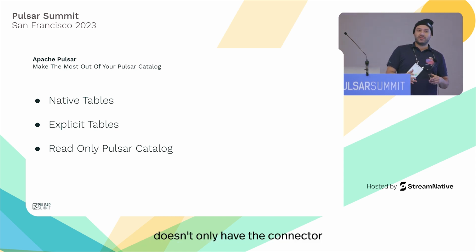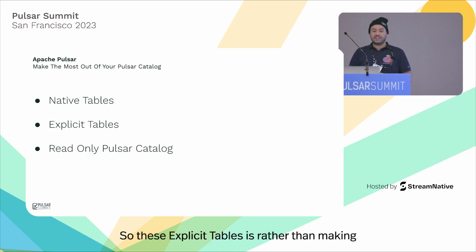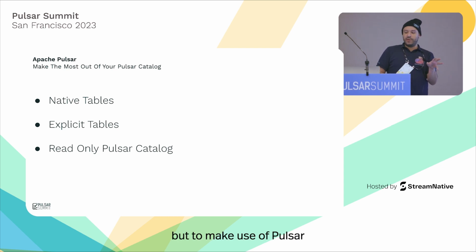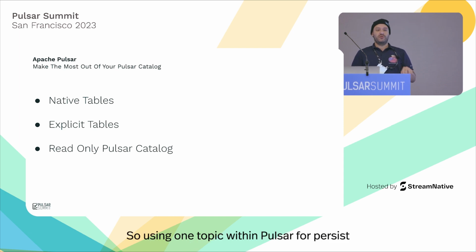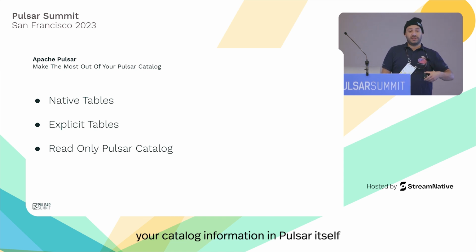Flink SQL doesn't only have the connector for Apache Pulsar, but you can also have many other connectors. So explicit tables, rather than making use of the topic metadata in Pulsar, make use of Pulsar as persistent storage, using one topic within Pulsar to persist your catalog information in Pulsar itself.